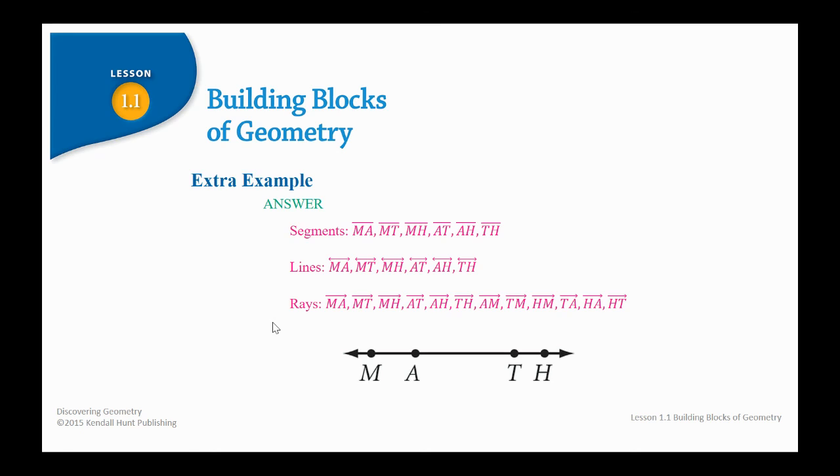Now, one thing you might not have known to look for, they have segment MA and they don't have segment AM. So if you had MA and AM listed separately, that's certainly fine. That's not wrong. But, you might have seen MA, AT, and TH, but did you see from M to T being its own segment, or from M to H being its own segment?